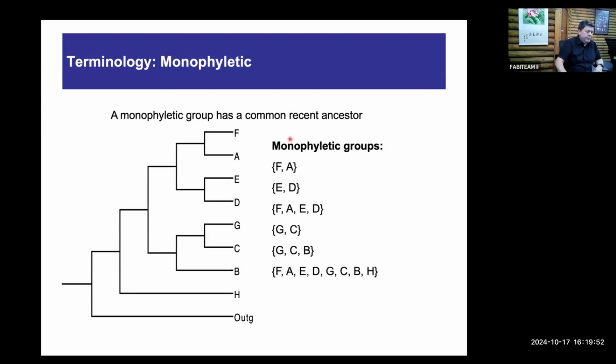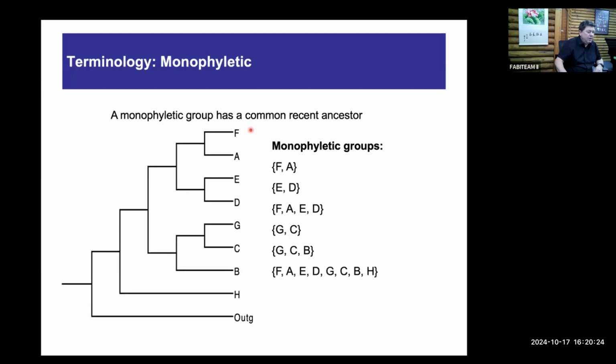A monophyletic group represents a group of species or taxa that shares an ancestor. So if they share a node, in this case A and F share a node, that will constitute a monophyletic group. But there are different levels. Here we have E and D being a monophyletic group because they share a common ancestor at this level.